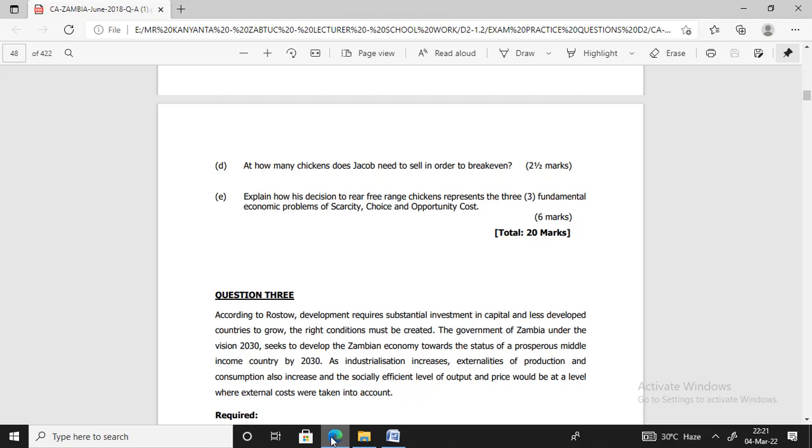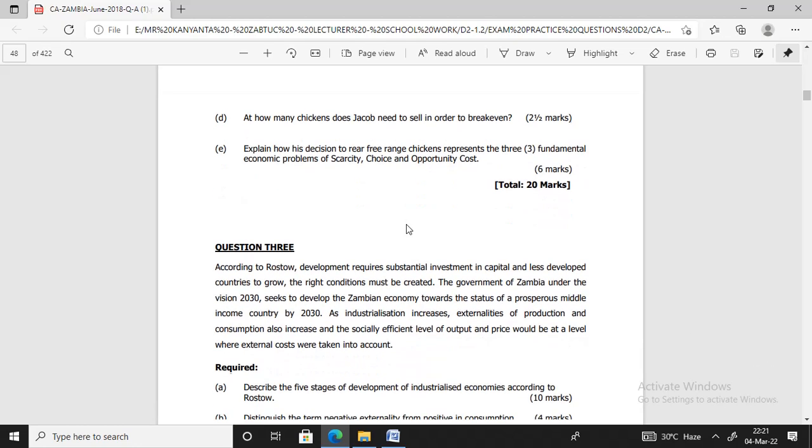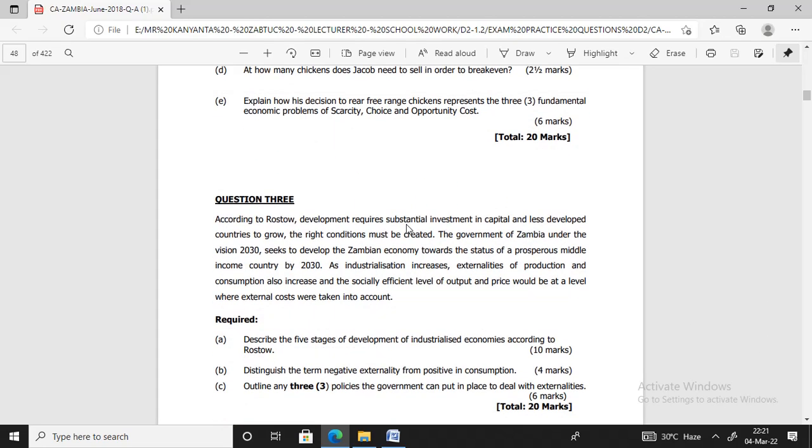As industrialization increases, externalities of production and consumption also increase, and the socially efficient level of output and price would be at a level where external costs were taken into account. So required, describe the 5 stages of development of industrialized economies according to Rostow.